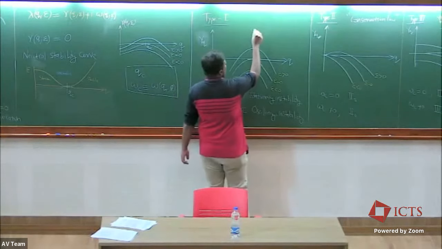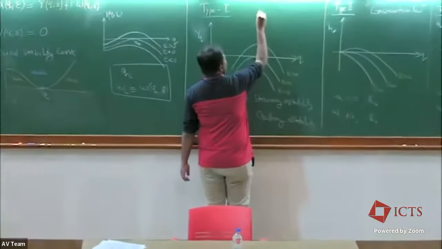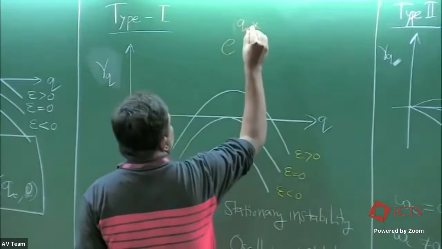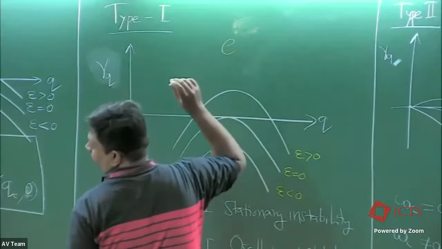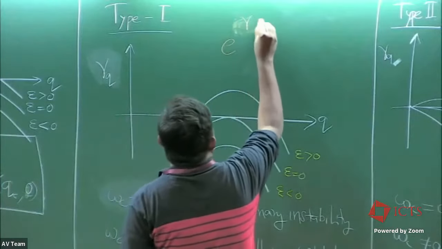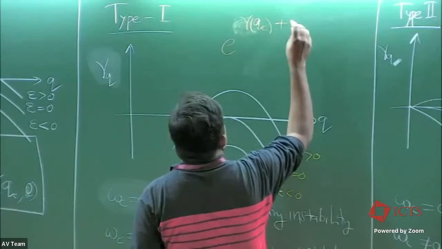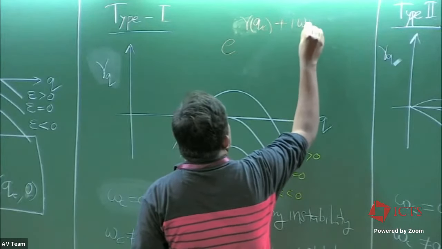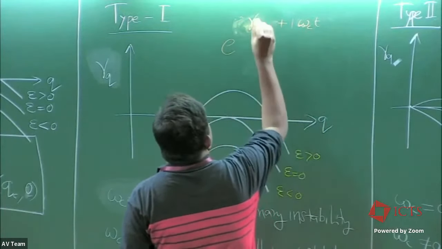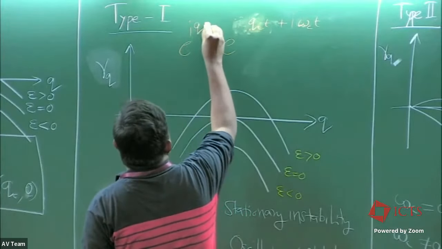Therefore, the mode that has the positive growth rate will be of the form e to the gamma of Q_c plus i omega_c, times t, times e to the i Q x.